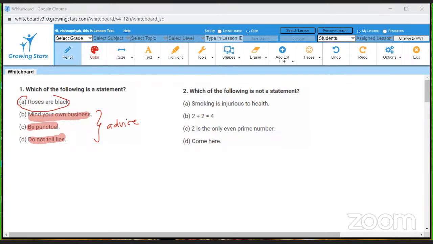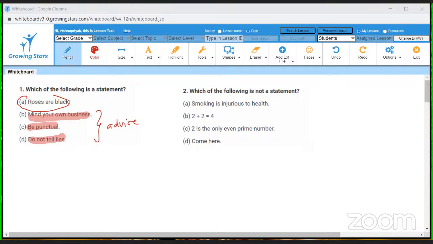See, smoking is injurious to health. True or false? True. So it is a statement. 2 plus 2 equal to 4. True or false? True. So it is a statement. Yes, Kumar, D is correct. 2 is the only even prime number. True. So it is a statement.